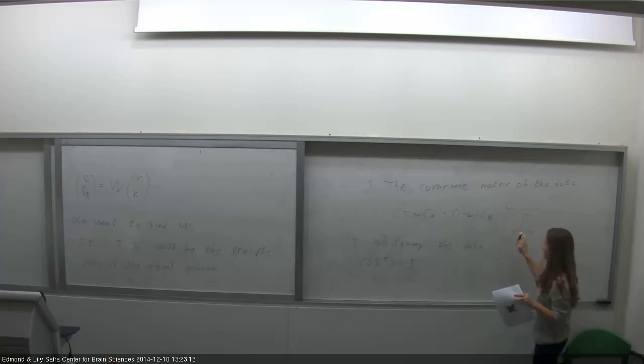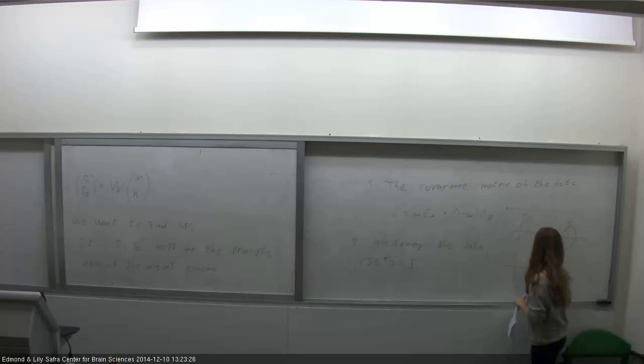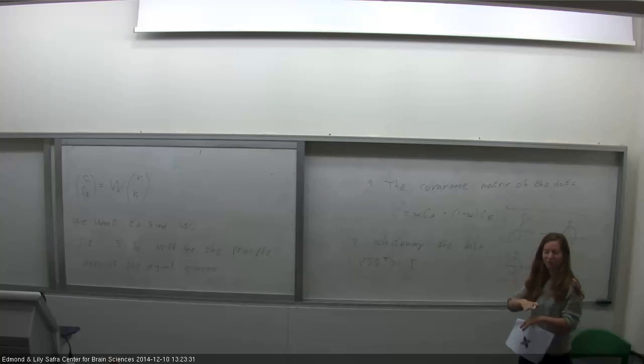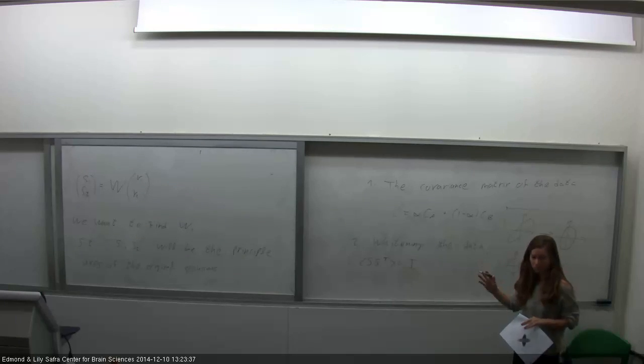So if, for example, I have a Gaussian and I want to make it white, first I transform into the principal components of the Gaussian, and then I just shrink the axes in order to make it a circle. Okay, so now the variance is the same in all the directions.